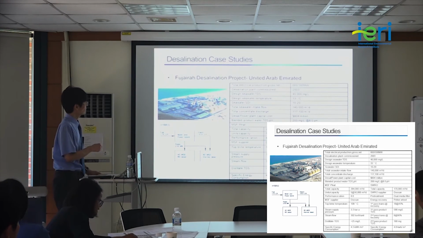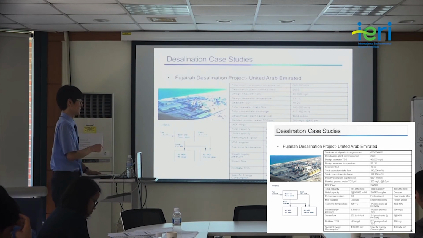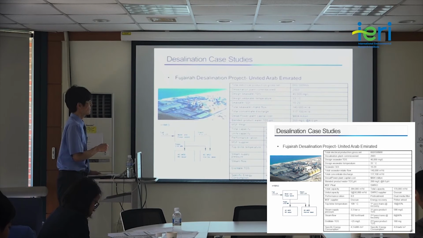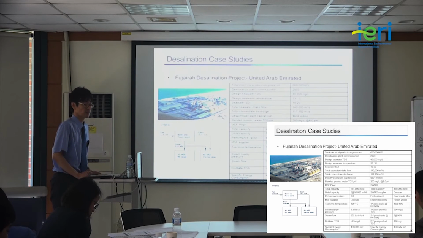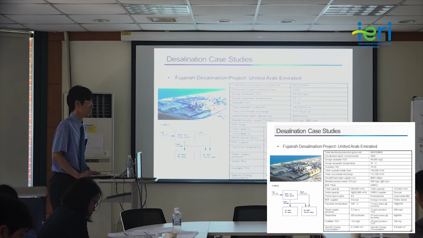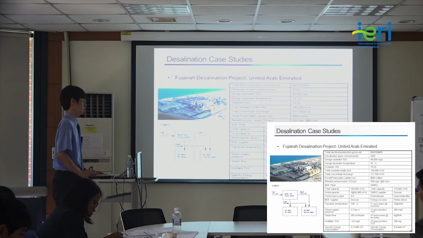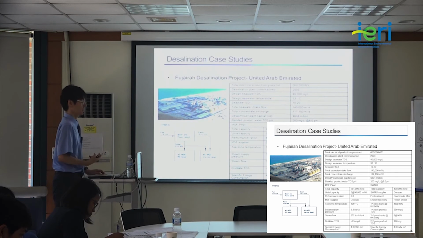And since they have steam near the desalination plant, they can have the benefit of using this steam from the power plant, so they can run this thermal desalination plant economically. And in addition to this thermal desalination, they combine reverse osmosis desalination. So this is the so-called hybrid desalination, by having two different types of desalination in the same place.